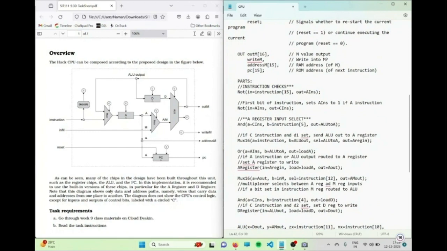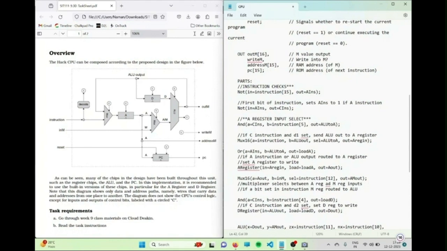As you can see in the first line, the NOT gate is used to determine whether an instruction coming to the CPU from the instruction memory is an A instruction. The CPU first decodes the 16-bit instruction into an op code and a 15-bit value.